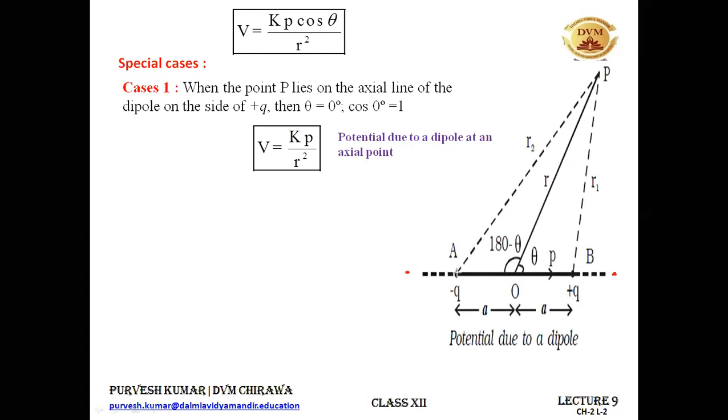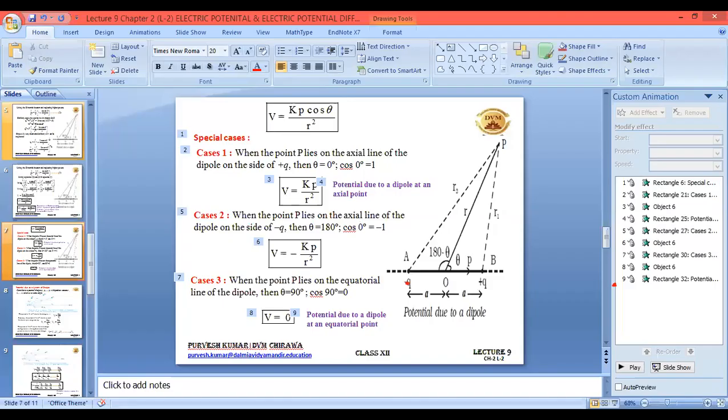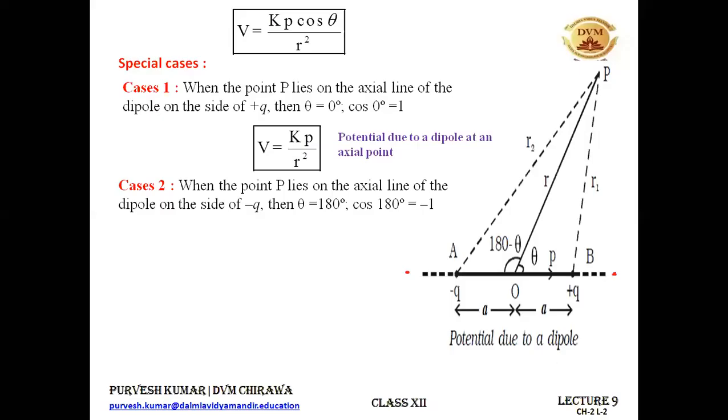So you can write the expression when this point P lies on the axial line of the dipole, but it is towards the negative charge side, -q, then theta is 180 degree. Please mark it 180. Cos 180 is equal to -1. We know this. Cos 180 is -1, and when we put -1 over here, the equation becomes like this.